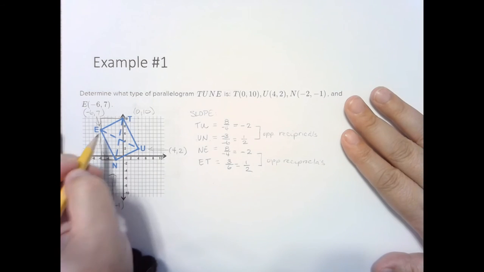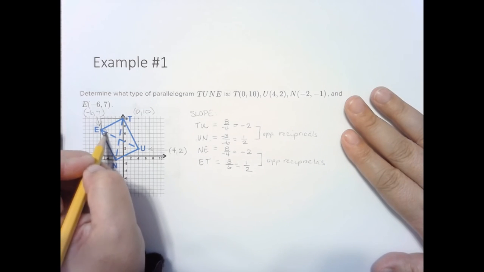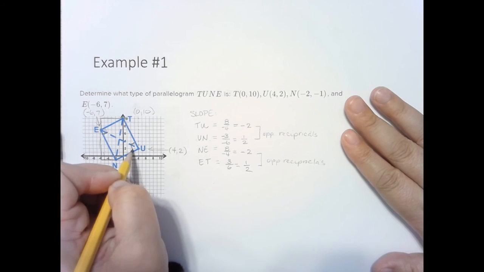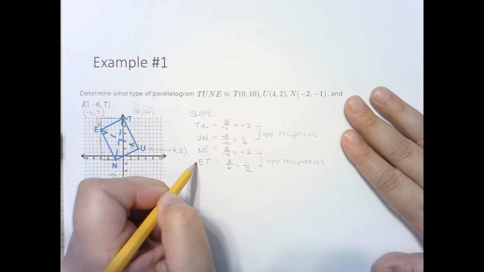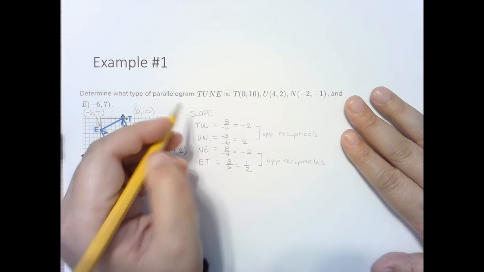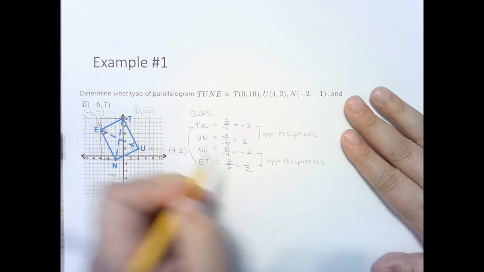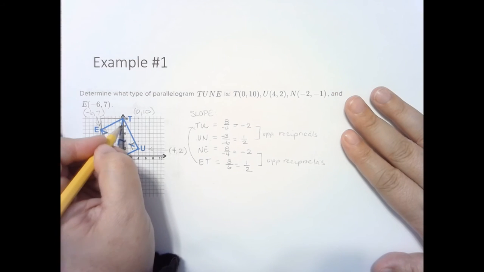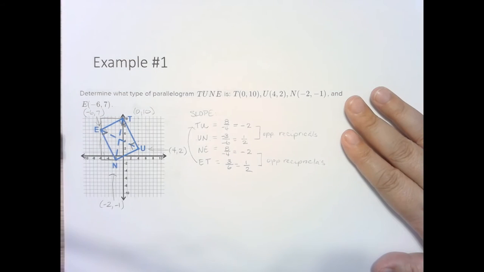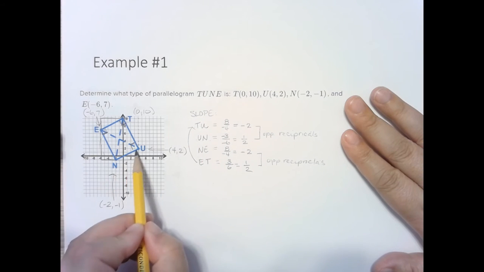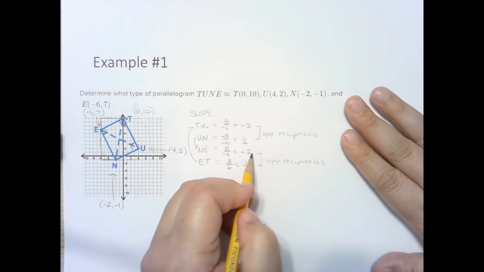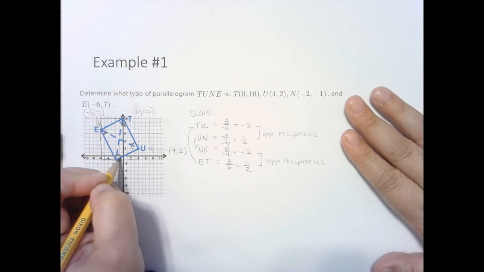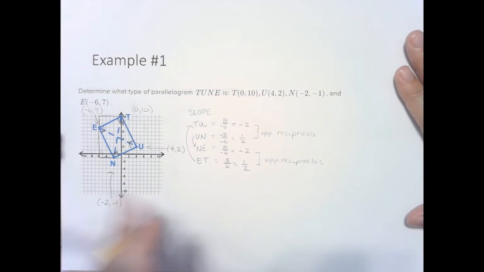Which means I have a right angle here and I have a right angle here. Now if I compare ET to TU, so 1/2 and -2, those are opposite reciprocals. So I'm able to put in a 90-degree angle. And then if I look at UN to NE, those are opposite reciprocals. So that means I know I have 4 right angles.